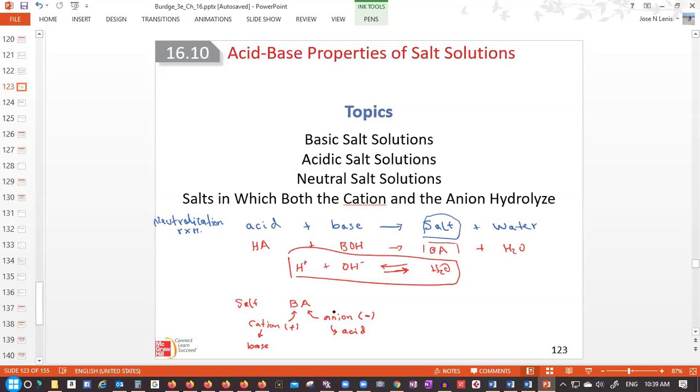So remember, salts come from the reaction of acids and bases, and so you have to analyze what acids and bases are making a salt.